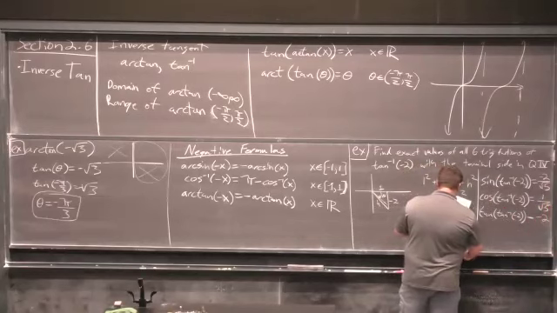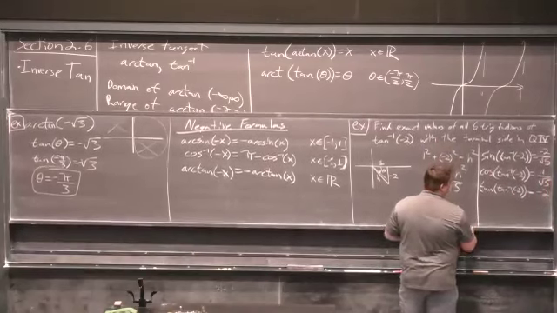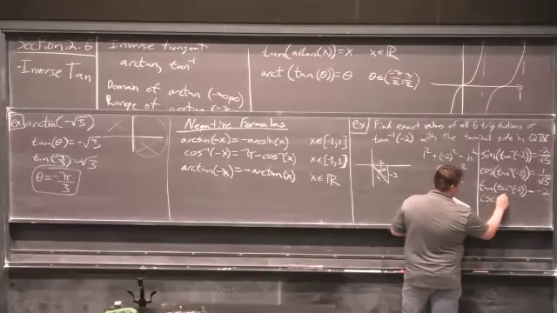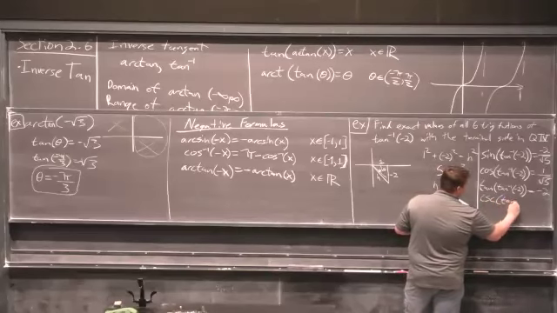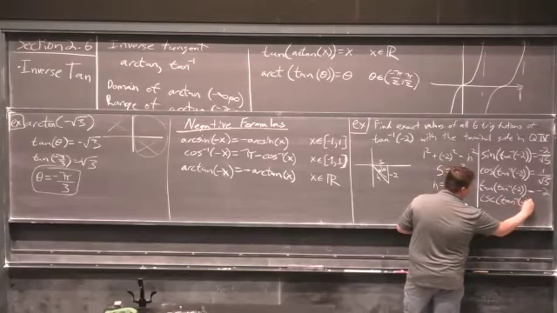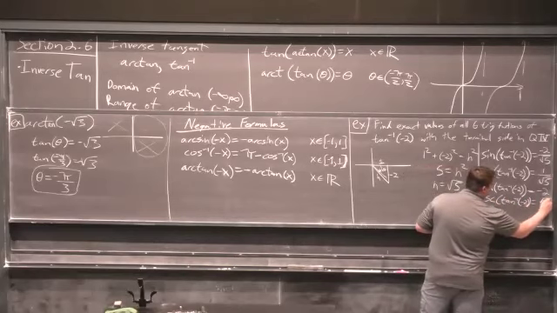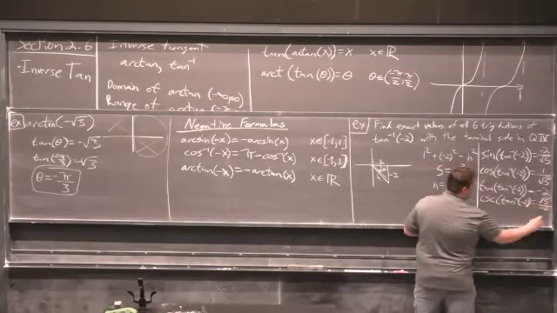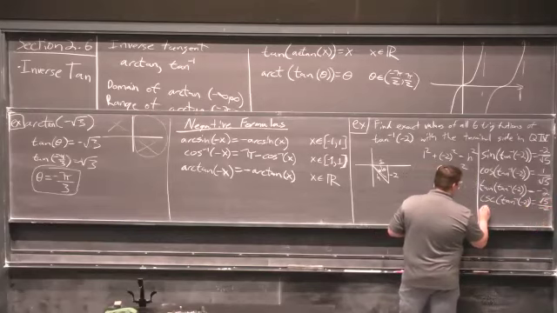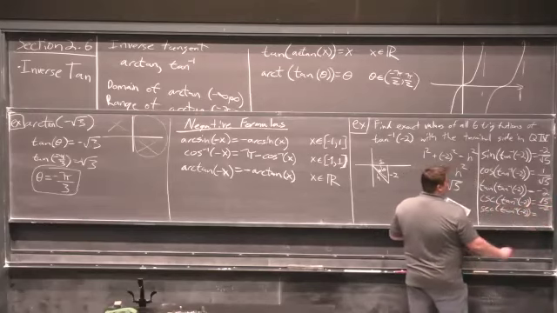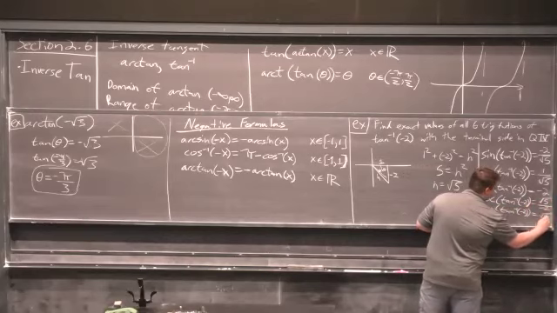And we can fill out the rest by taking the reciprocal of these values. So we can write cosecant of tangent inverse of -2 is equal to square root 5 over -2. Secant of tangent inverse of -2 is equal to square root 5.